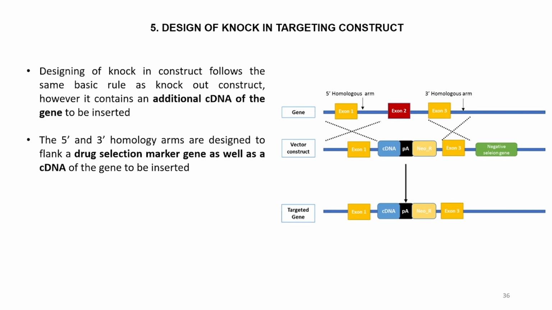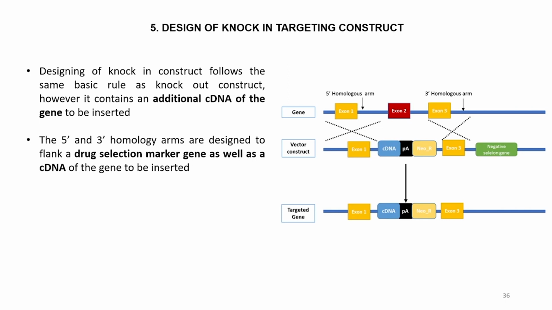So, we do not use a full gene with exons and introns, we only have a complementary DNA copy of the gene to keep the construct smaller. The 5' and 3' homology arms are designed to flank a drug selection marker gene as well as a cDNA of the gene to be inserted.